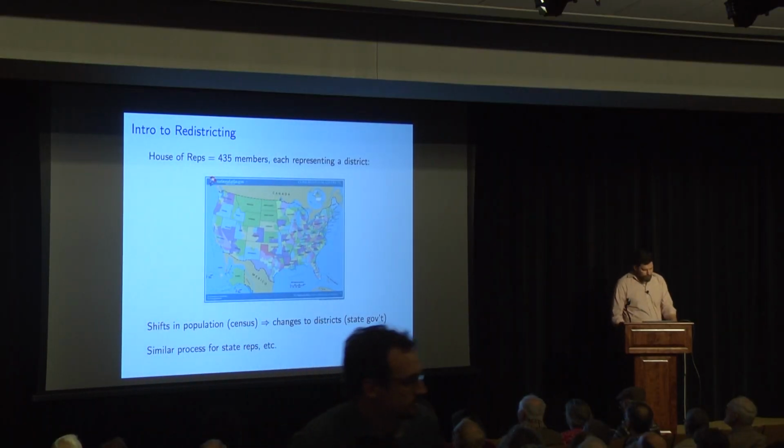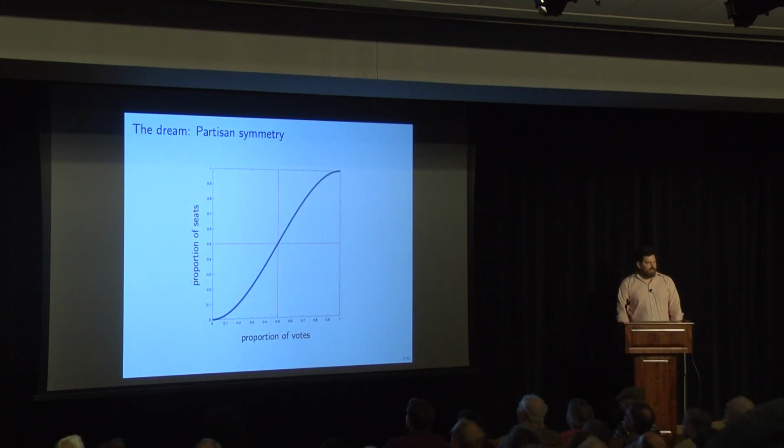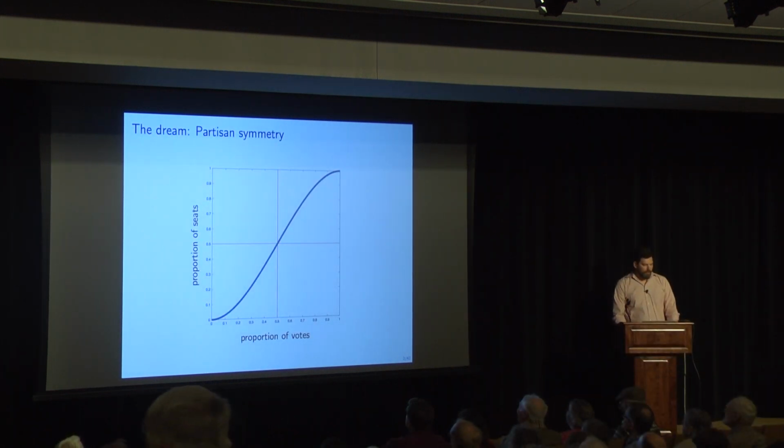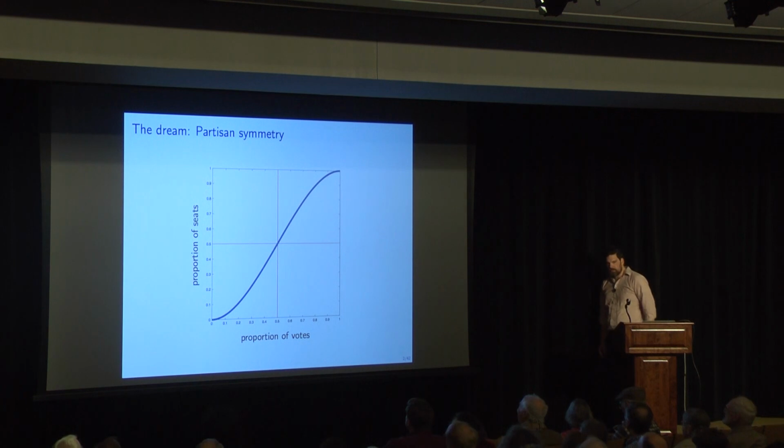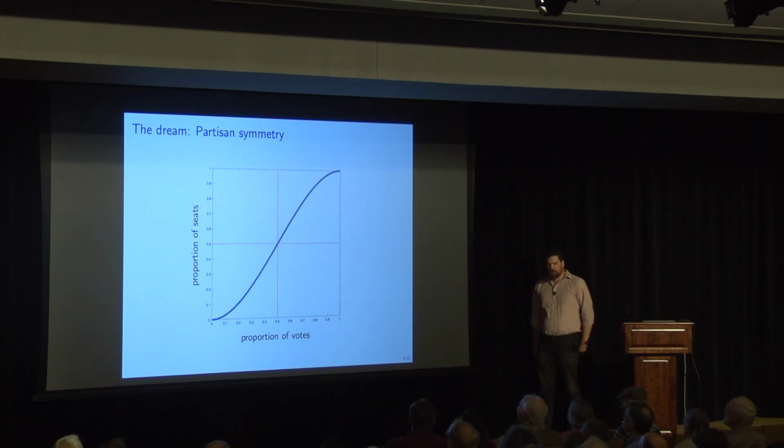Okay. So the dream is what is called partisan symmetry. We would like these districts to do a decent job of representing the interests of the people. Okay?